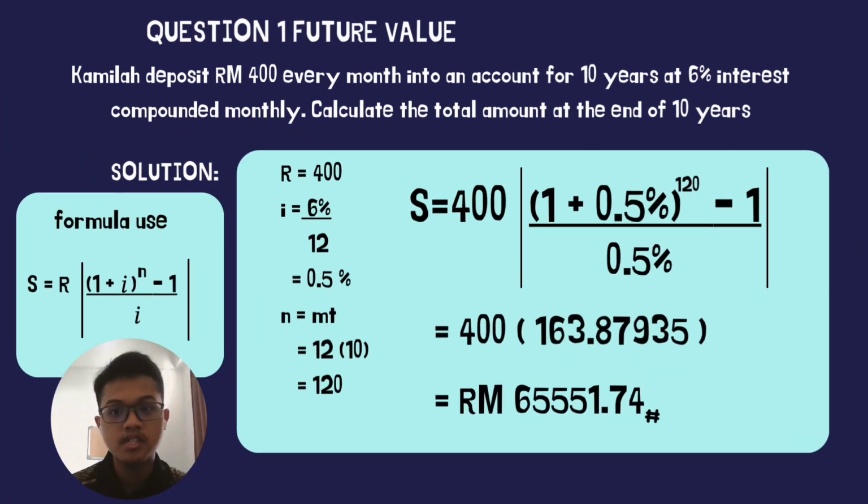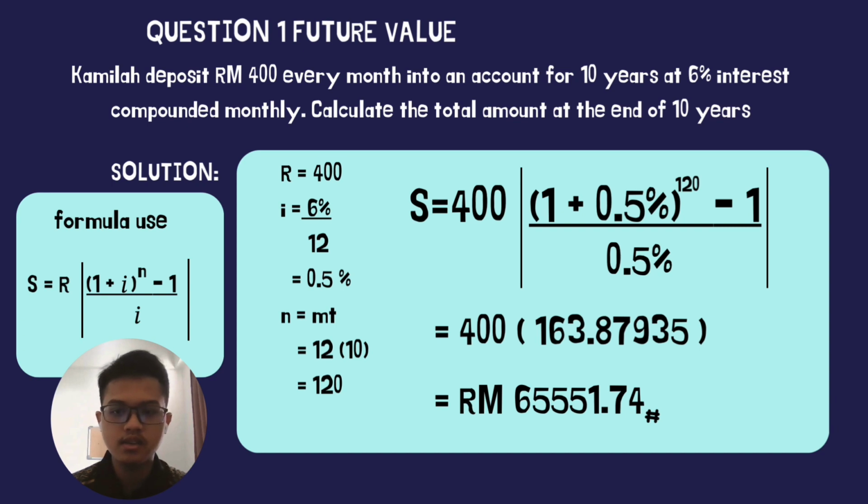Now let's come up with one question. Camila deposits RM 400 every month into an account for 10 years at 6% interest compounded monthly. Calculate the total amount at the end of 10 years.